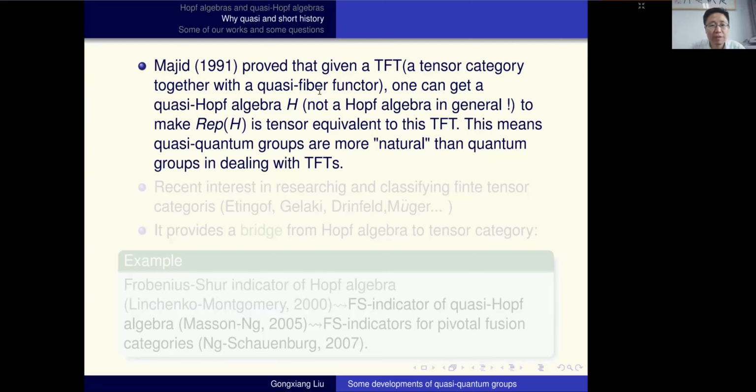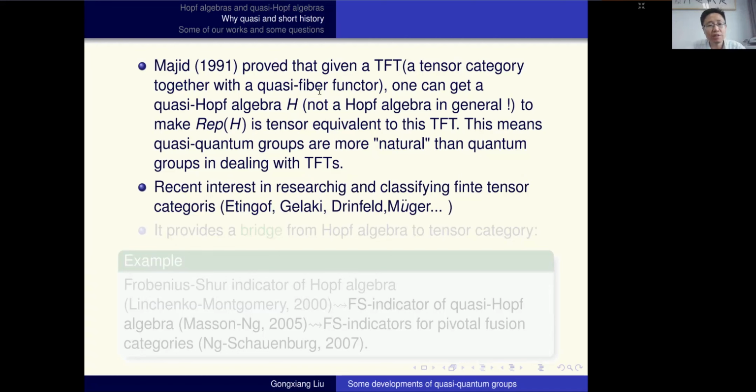Okay, one reason. Another reason is that recently, especially in the years after 2000, we feel more and more interested in the structure of tensor categories. So we also want to classify fusion categories. We also want to classify finite tensor categories sometimes, and also some other kinds of tensor categories.